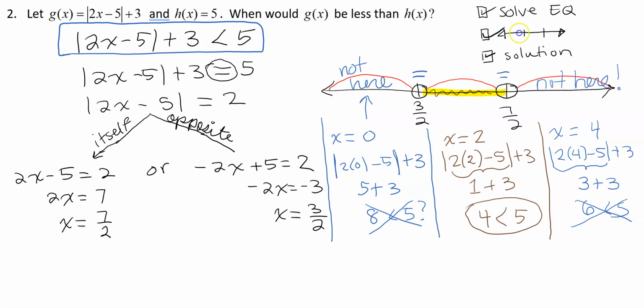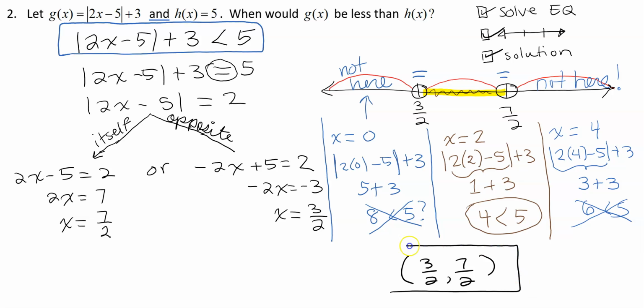And step 3 would be to write down our solution. So our solution here is in between 3/2 and 7/2. That is when g of x is going to be less than h of x.